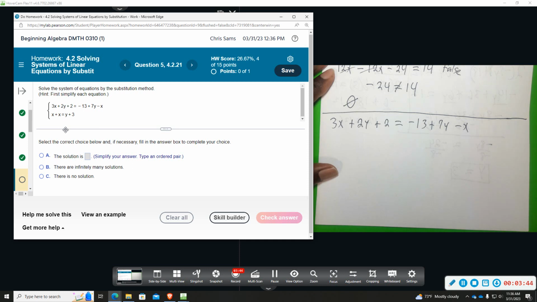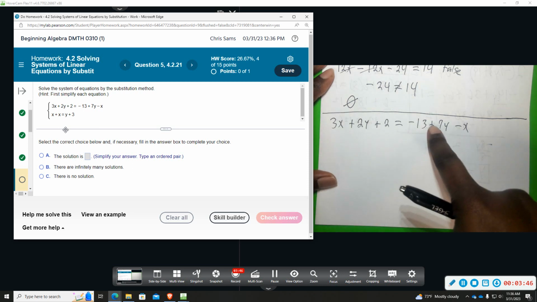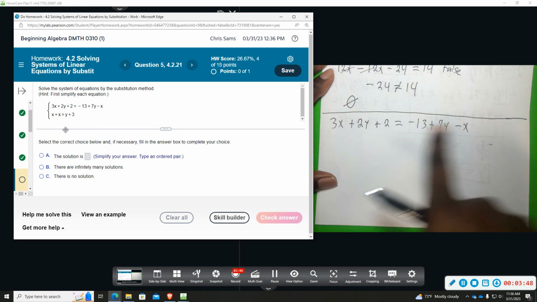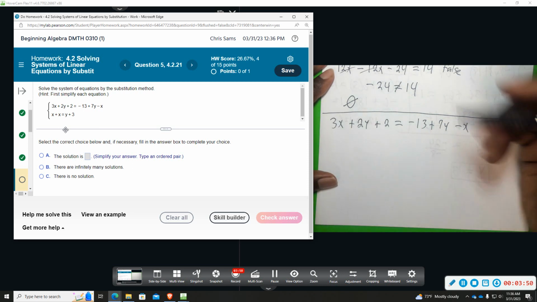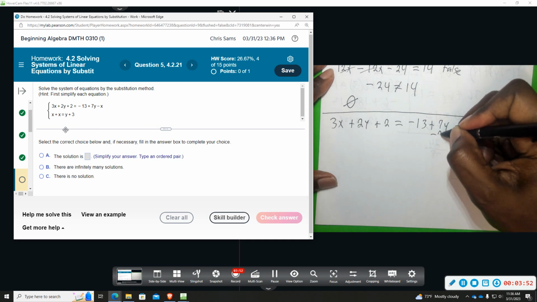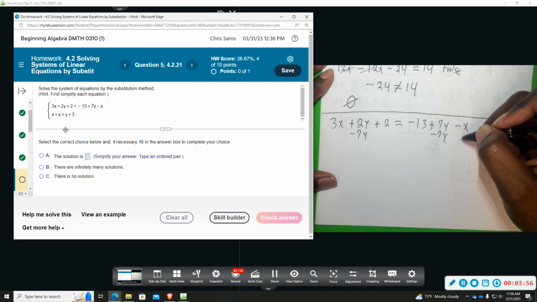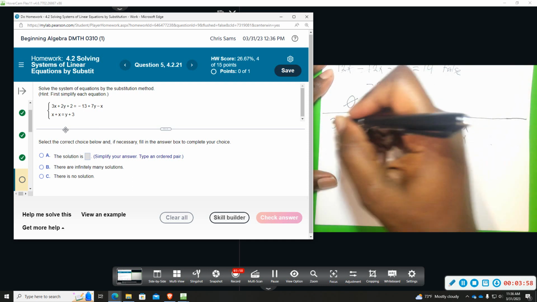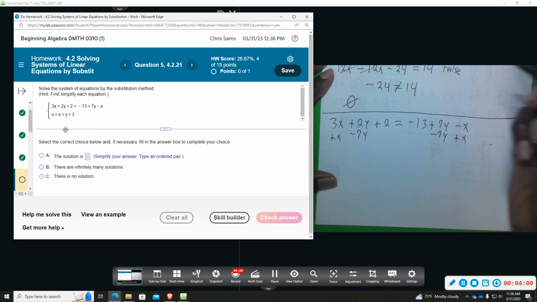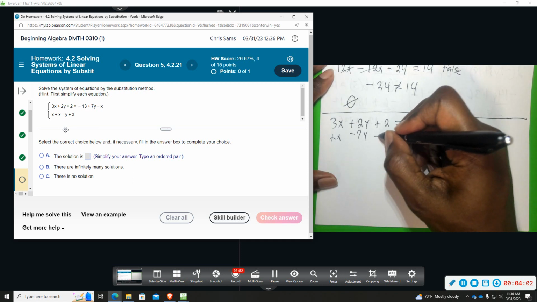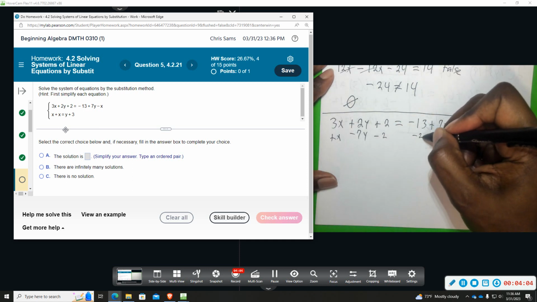I want to use substitution on the bottom. I'm going to move my x and y over and my number over here. So I'm going to subtract 7y, and this x, I'm going to add x. And then the 2, I'm going to subtract the 2 and move it over here.